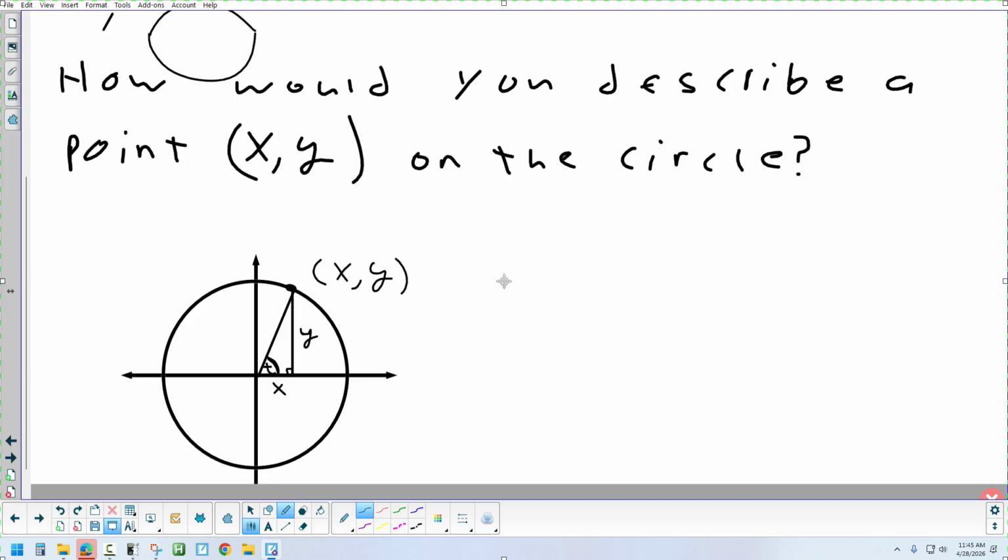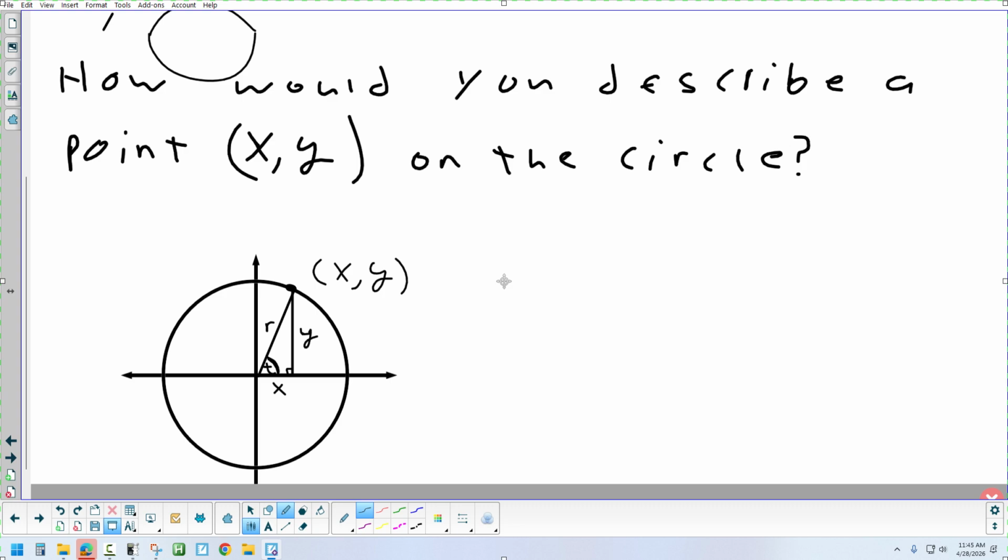What trig function would help me to find x in that right triangle? Cosine. Now, I don't know the hypotenuse, but in a circle, the hypotenuse of that triangle we can just call the radius, so I'm just going to call it r.